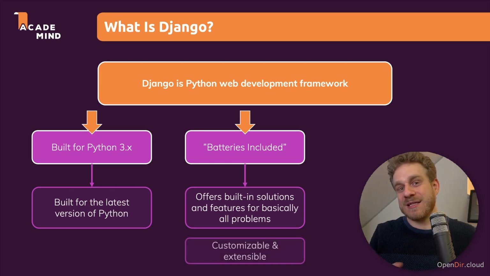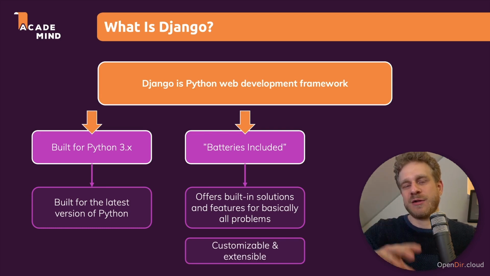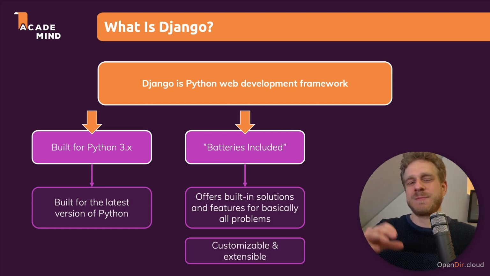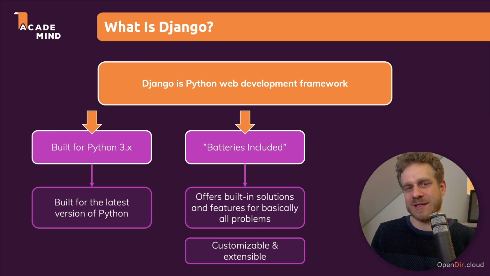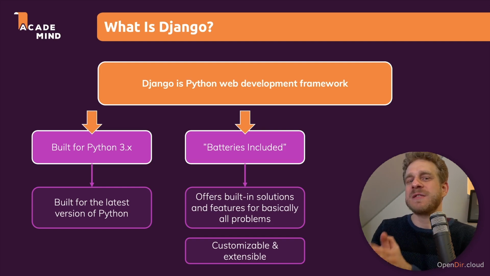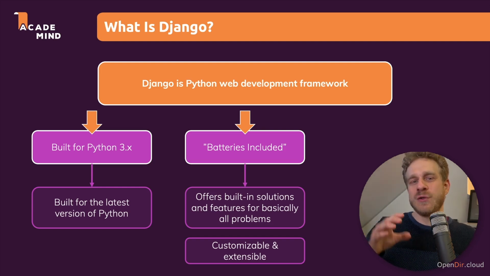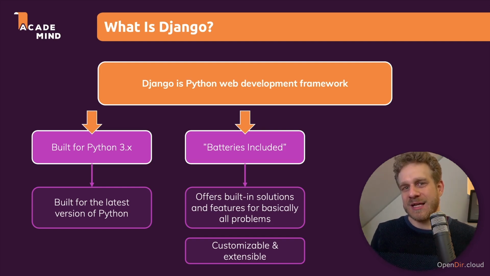And it still is extensible and customizable. I also want to emphasize this. Just because we have a clear set of rules and a clear path, and just because it has this batteries included approach, does not mean that you wouldn't be able to customize it and fine-tune it. You absolutely can, and we absolutely will in this course. You can still control everything.